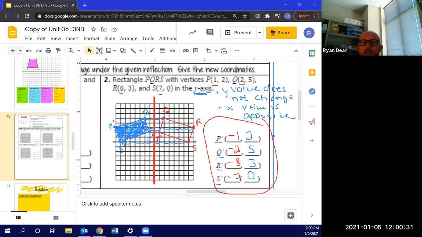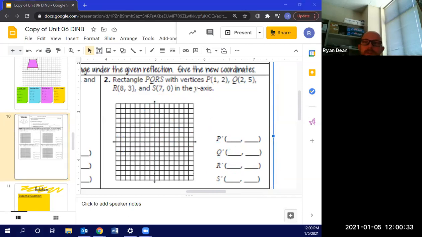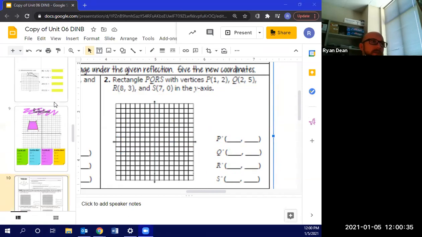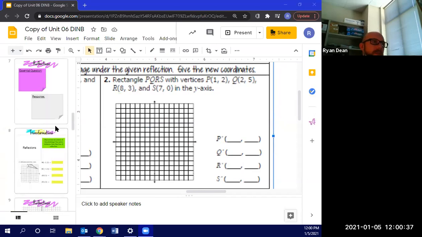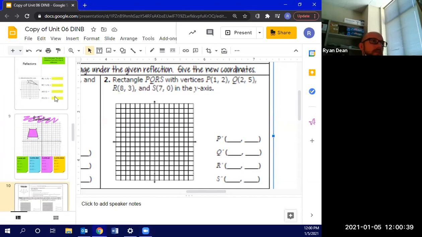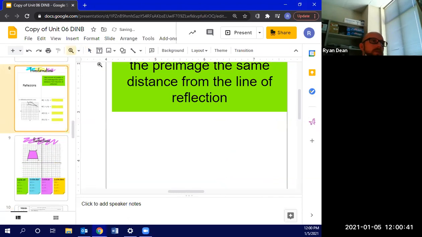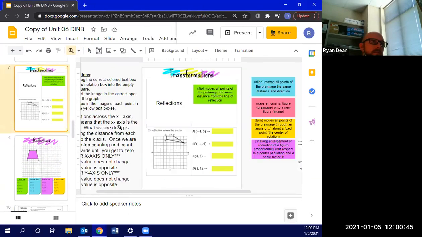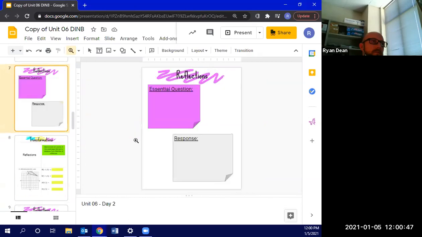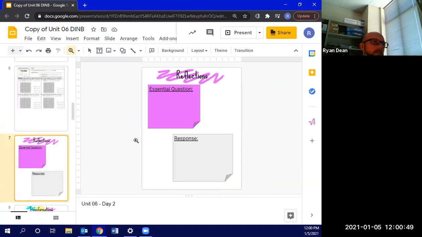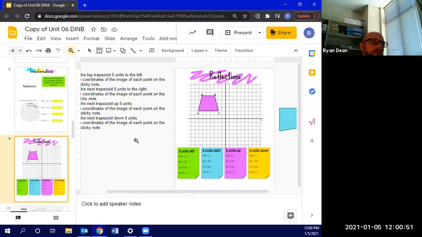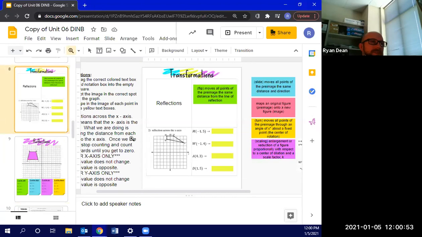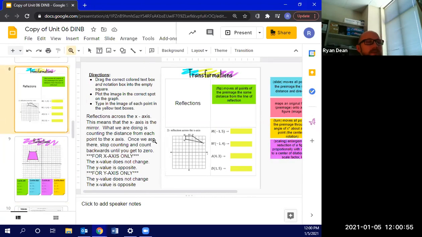Right, so the big thing about reflections, the thing that's going to make this section the easiest, is the note that we put at the very beginning of the reflections section.